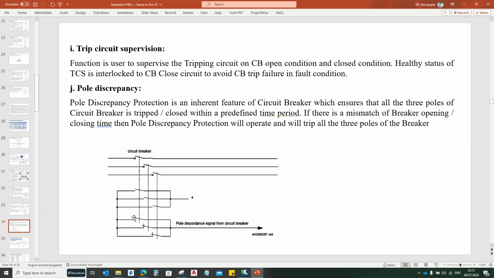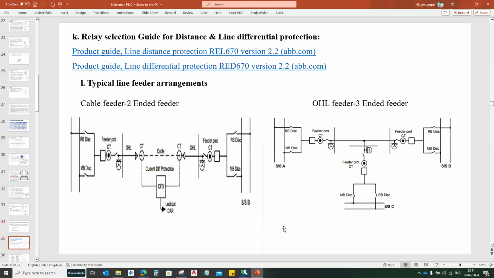Similarly, these two are in open condition so it will not extend from these two paths, but the supply will extend from this path to the auxiliary relay, so the relay will operate and give an alarm signal saying that pole discrepancy is operated. Okay, that is how the pole discrepancy function will operate.